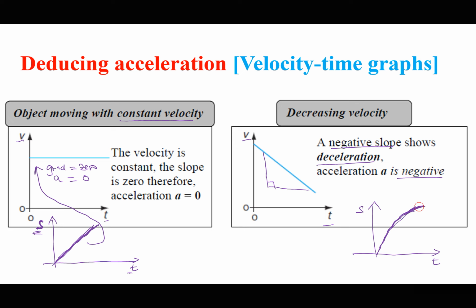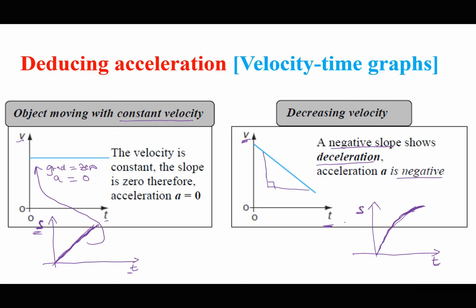So if the gradient is the velocity, it means the velocity is decreasing. So this curve also means a decrease in velocity, and a decrease in velocity is what we call a deceleration. But remember, the difference between these two is that this is a displacement time graph, and this is a velocity time graph. That is the difference between these two curves.